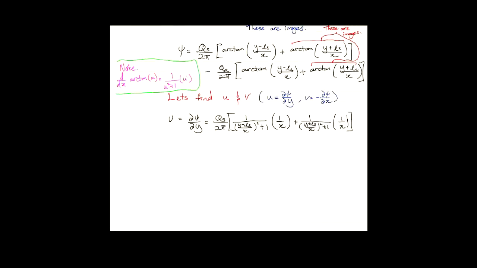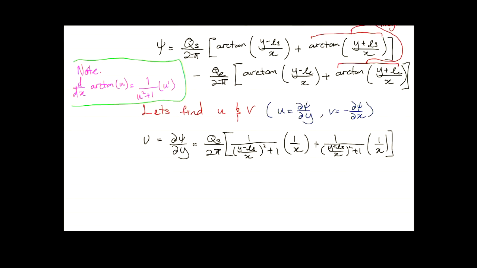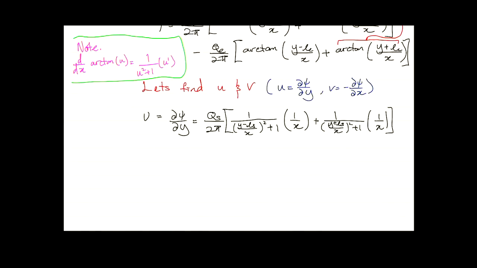Then minus qe over 2 pi, (1 over (y minus le over x) squared plus 1, times 1 over x, plus 1 over (y plus le over x) squared plus 1, times 1 over x).